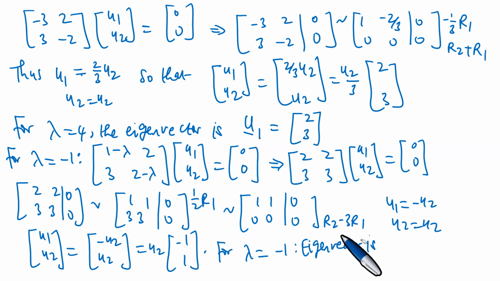That was U1, so we call this one big U2. And big U2 is minus 1, then 1.